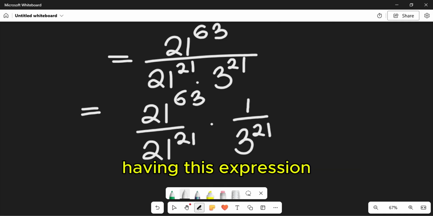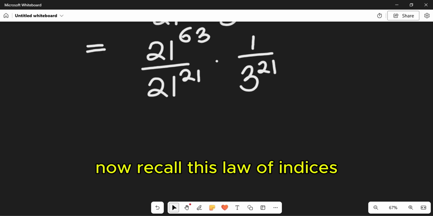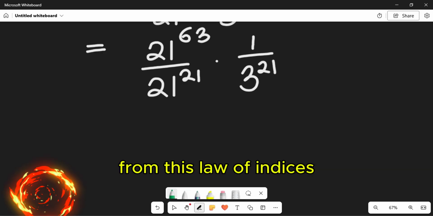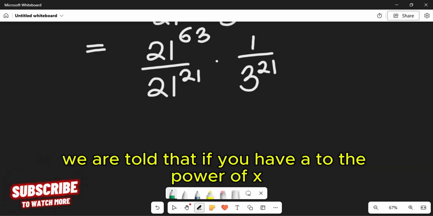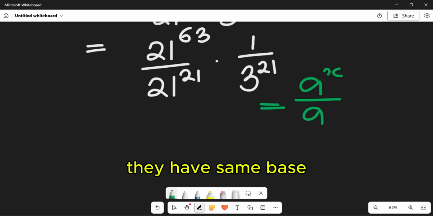Having this expression, we can now consider a simple law of indices. Recall this law: if you have a to the power of x divided by a to the power of b, they have the same base.